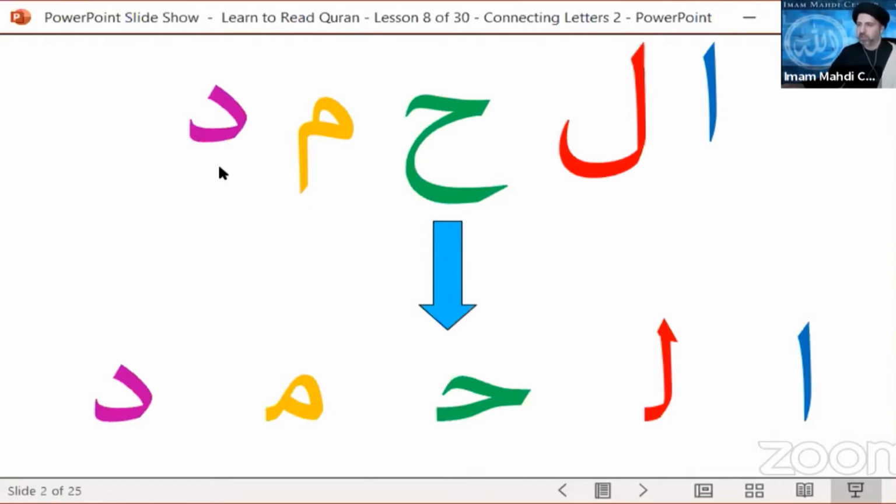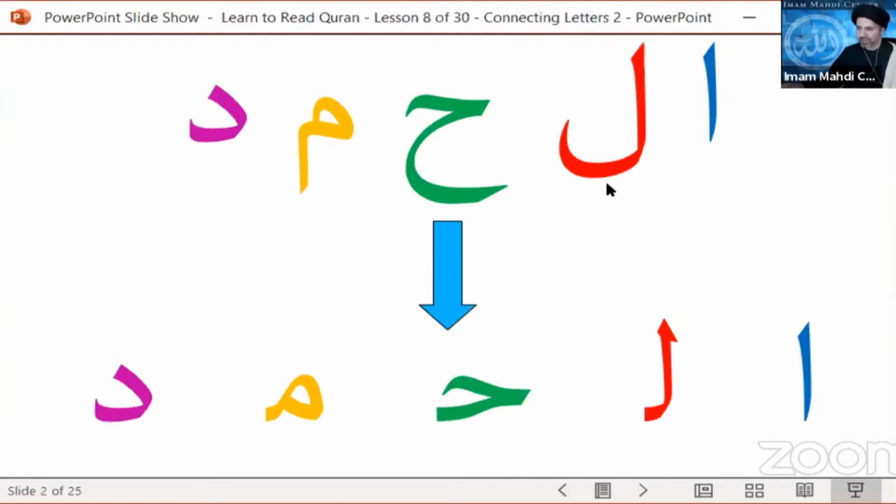The same as we did last night, we take each letter. If it has a lowercase form, then we convert it to its lowercase form. The alif does not have a lowercase form. Next is the lam, which does have a lowercase form.